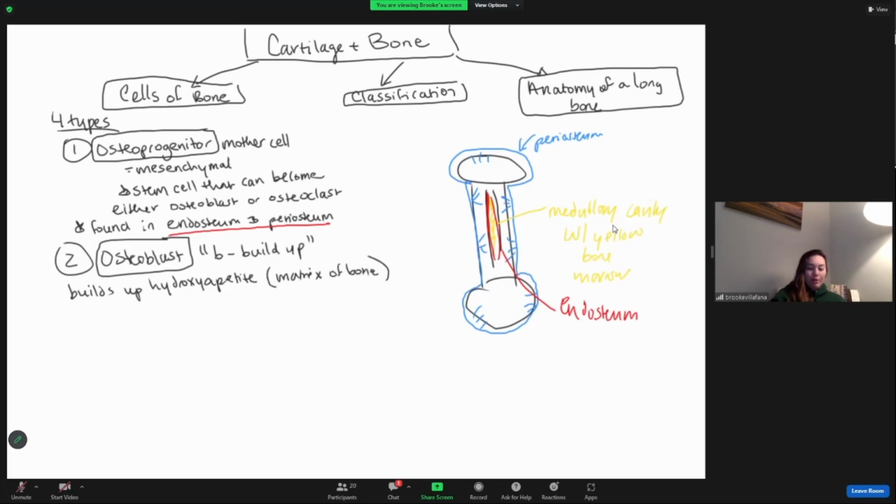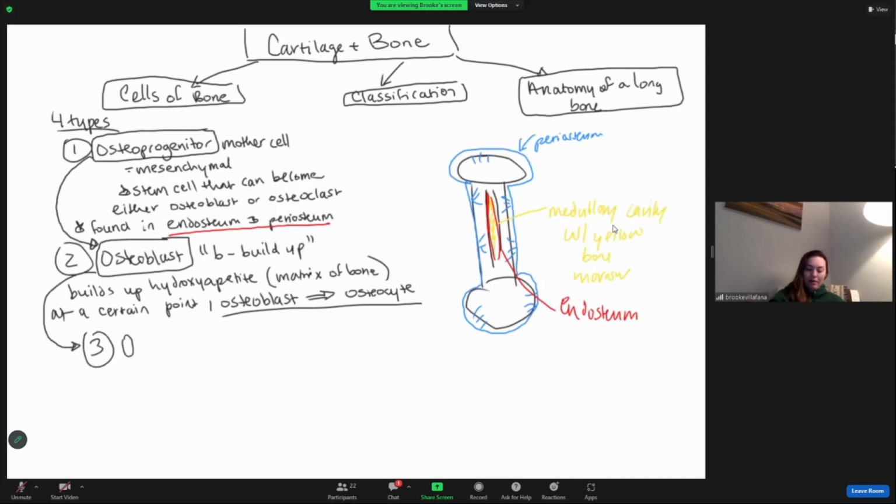So it's building that up, and then at a certain point, the osteoblast becomes an osteocyte. So the osteoblast converts into an osteocyte. The osteocyte does not come from the osteoprogenitor. Does everybody see that? The osteoprogenitor would birth the osteoblast, and then the osteoblast would birth our next type of cell, which is our osteocyte.